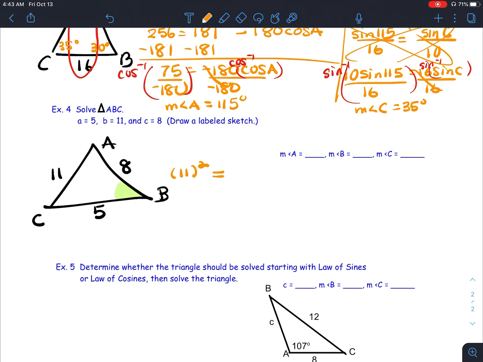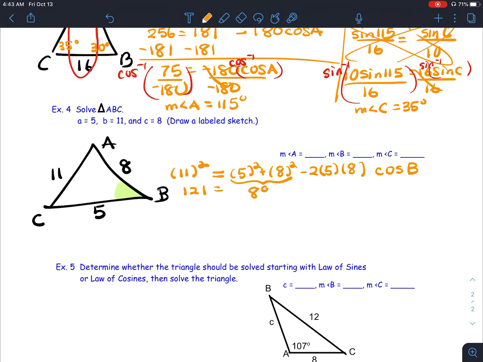So I'm putting side B squared on the left, all the way on the right, cosine B. Filling in the middle information about the other two sides. You can kind of see the pattern here, which is nice about the law of cosines. All right, so we're going to add these together.